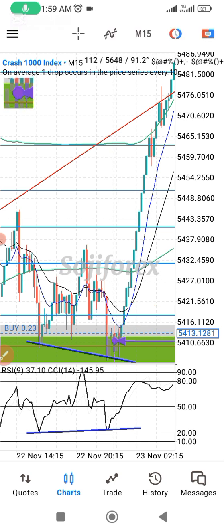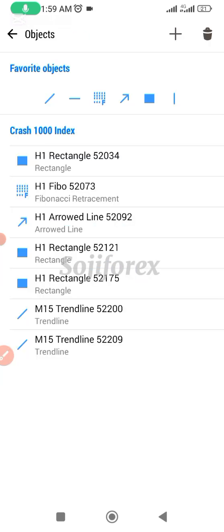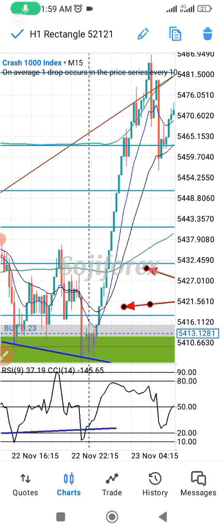Immediately this divergence was spotted, I followed it up with the candlestick formation in this zone. When I spotted it, I was patient enough to study the behavior of the candles.